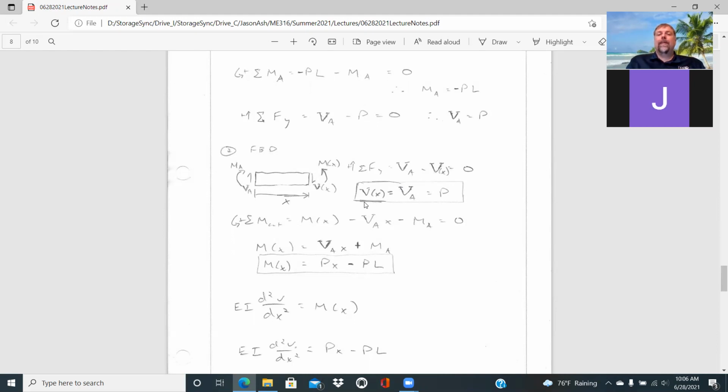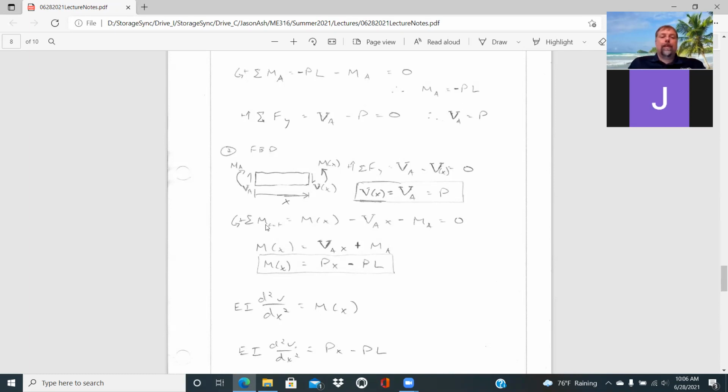And so here, V of x is just going to be equal to V of A. And we already saw V of A is equal to P. So V of x is a constant, just equal to the load P throughout the length of the beam. So this one is a constant. It's not a function of x, but there are cases where that could be a function of x.